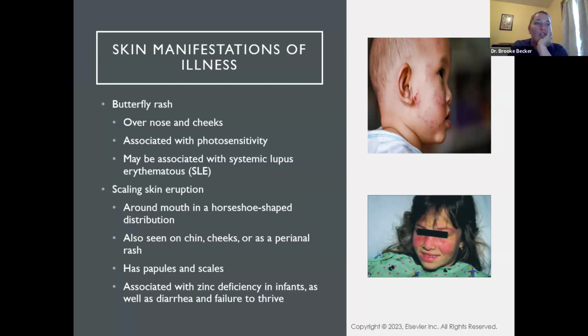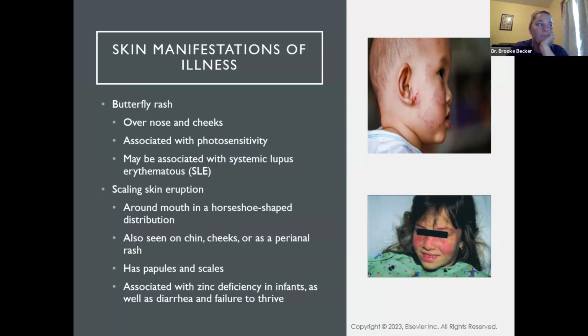A lot of times too, as it becomes more red and irritated, you start to see scaling of the skin and kind of opening up of the skin. It can also be in the perianal area as well.